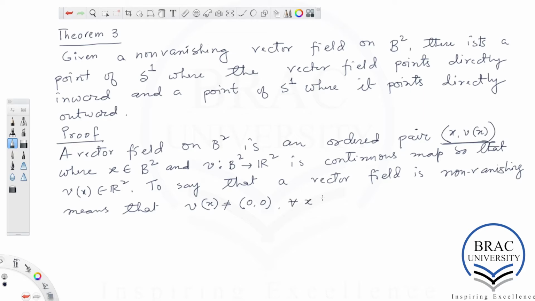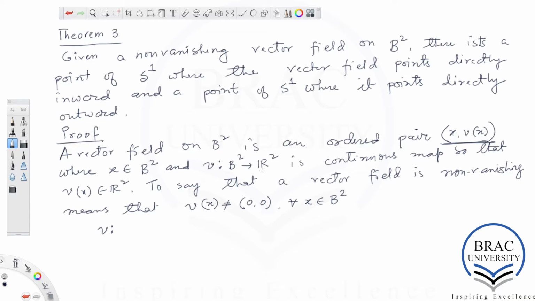It holds for all x in B2. In such a case, if the value of V(x) is nowhere 0, then V is not just a map from B2 to R2.